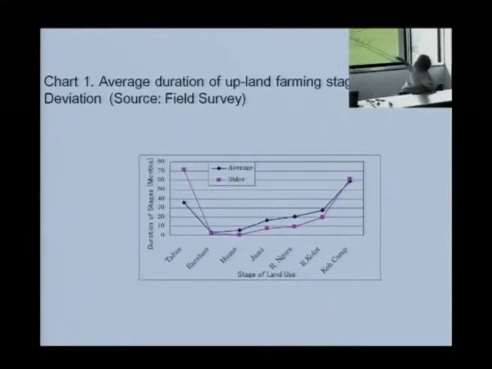So in Rarahan, almost every person has a stage of 3 months, Huma 6 months, no deviation. But in the Tarun or Kebun Campuran, we have so many variations in the duration of the system.